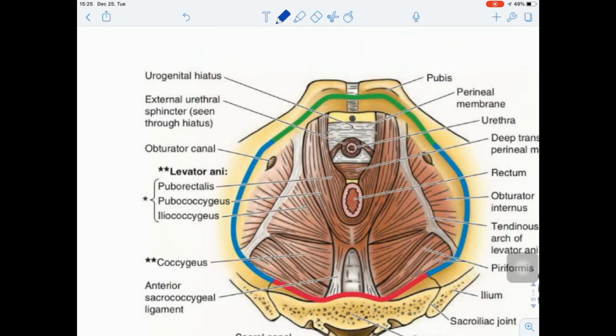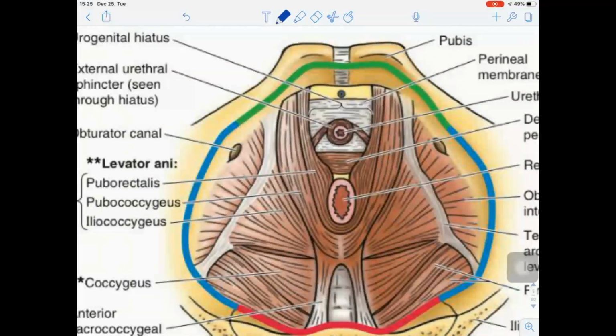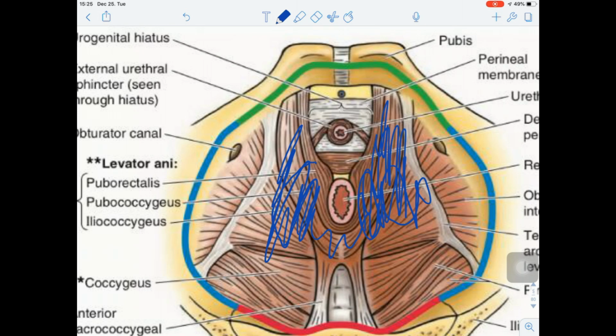So we've got two major muscles. And the levator ani muscle, which is the major muscle of the floor, is composed of three muscles. So check it out: the whole thing here, all these parts which I'm coloring, is going to be the levator ani muscle.